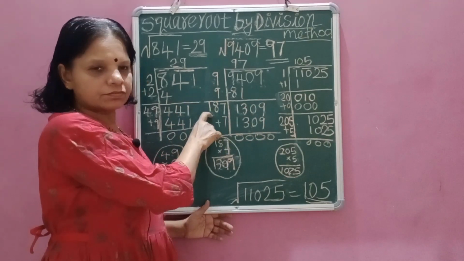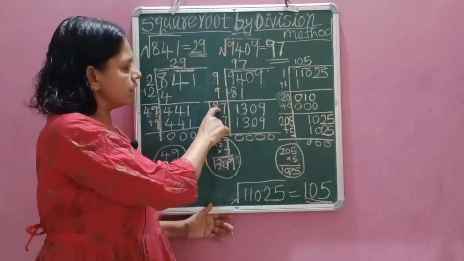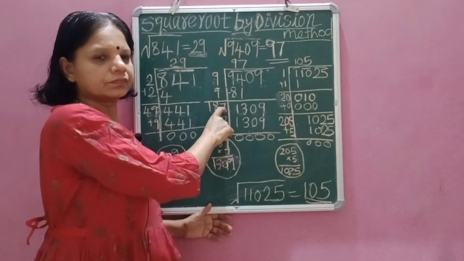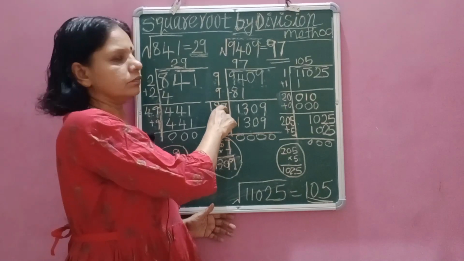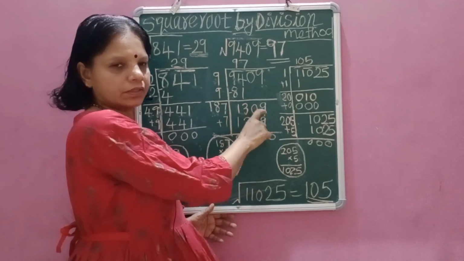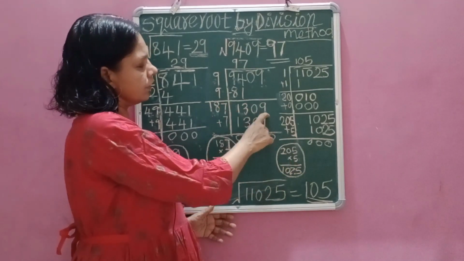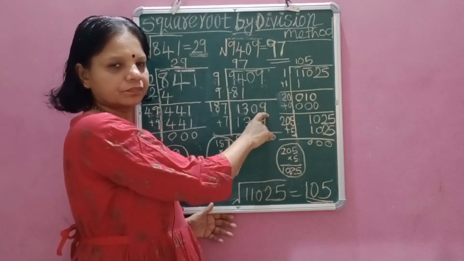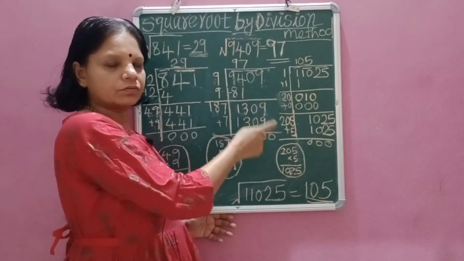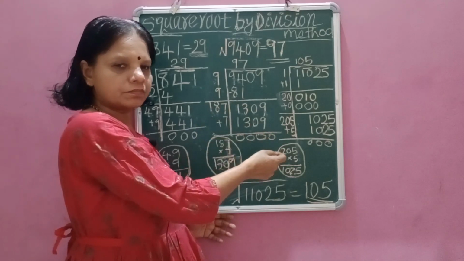Similar to the previous question. Here 18. If you write here a number, that number into the number should not be greater than 1309, can be equal. So since here 9, 7 into 7 is possible, 3 into 3 is possible.